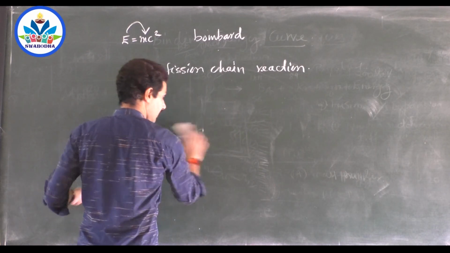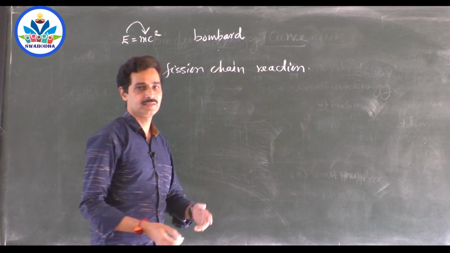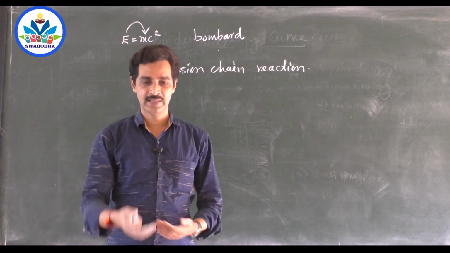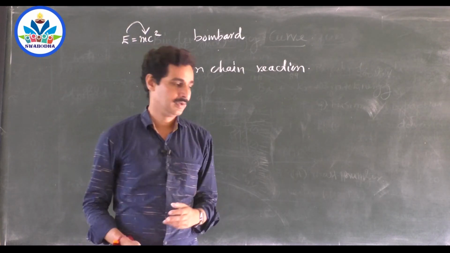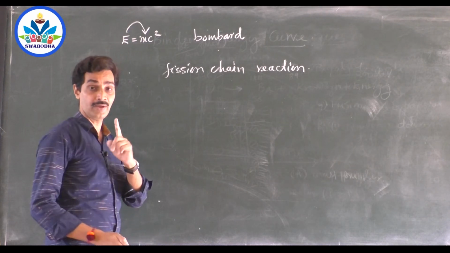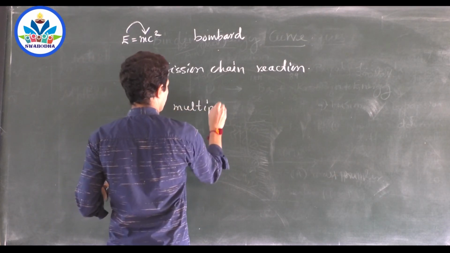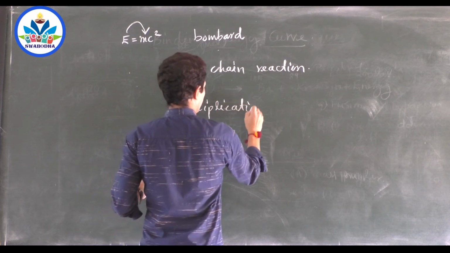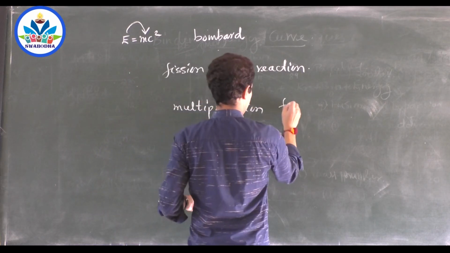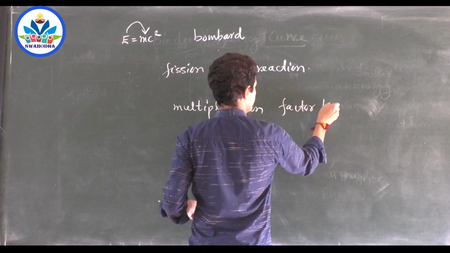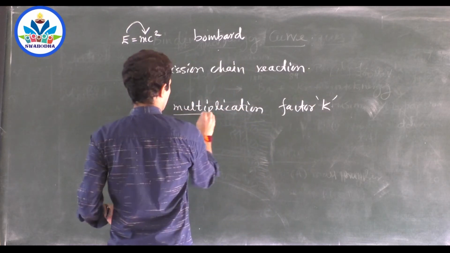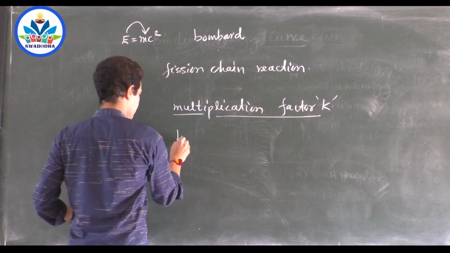So, in order to define whether the chain reaction is growing, whether it is sustained, or whether it is decreasing, we have a factor called the multiplication factor. What do you mean by multiplication factor? K. It is a ratio.